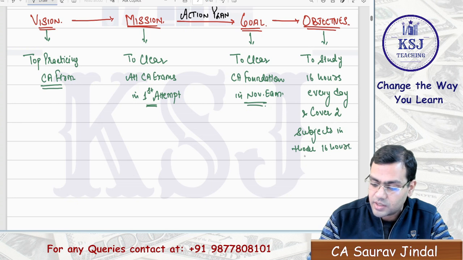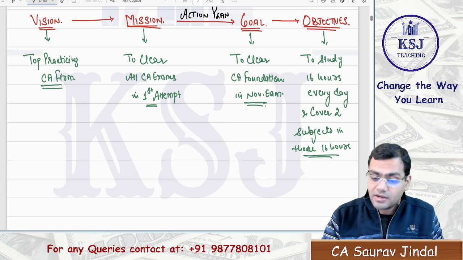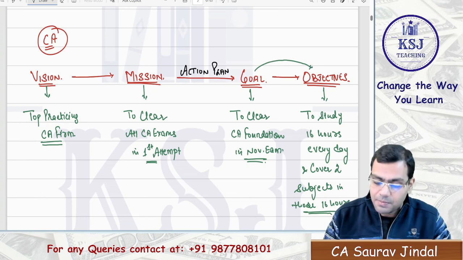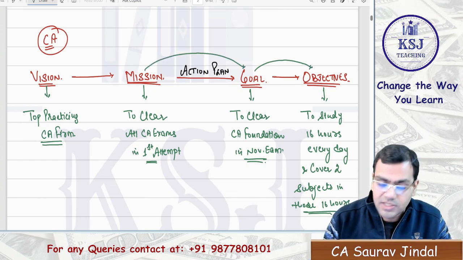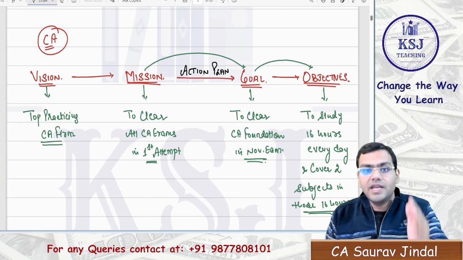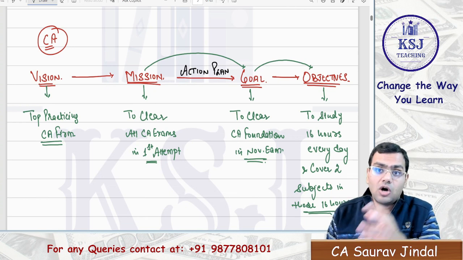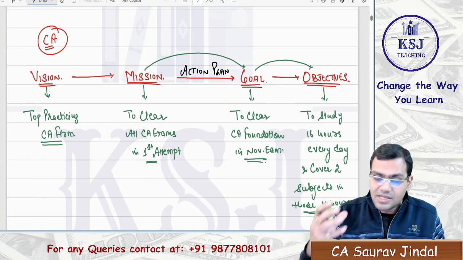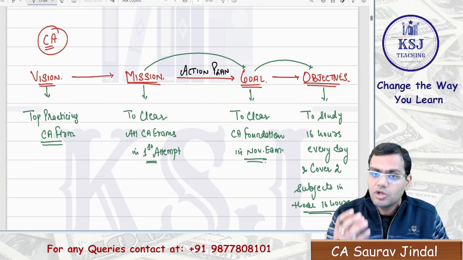Now this is what you are doing: breaking down the goals into the objectives. First you are breaking down the mission into the goals, then you are breaking down the goals into further objectives. Objectives means the specific components, right, that this is what we are going to do, right?